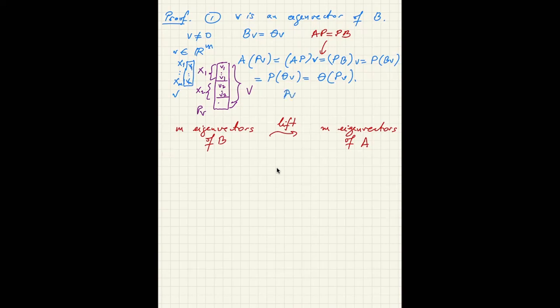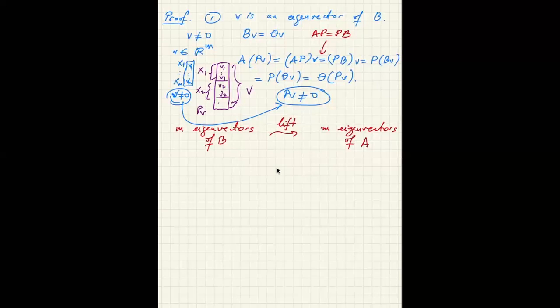bona fide eigenvector, it has to be non-zero. But you see the way PV looks like. You get V1 on the positions indexed by x1, V2 on the positions indexed by x2, and so on. And because V was non-zero, at least one of these V1, V2, Vm is non-zero, and that implies that PV is non-zero.